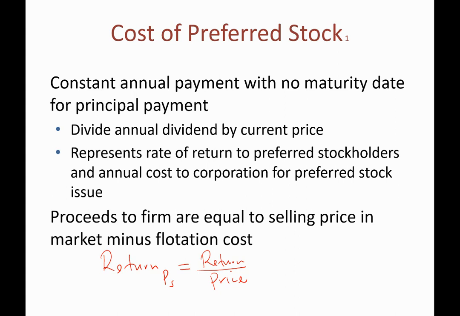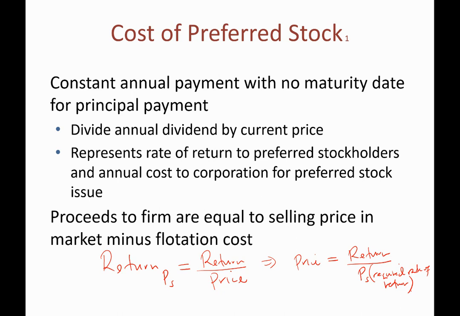Because in our previous chapter, what we did was to determine the price, and we said the price will be equal to the return divided by the required rate of return for preferred stock, which I just say is PS. So this is basically the required rate of return. This is what we did.